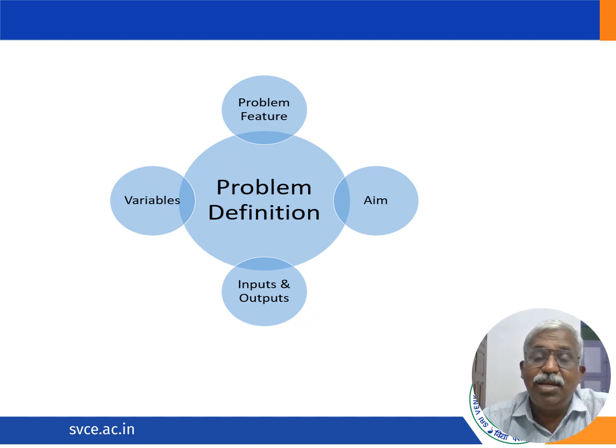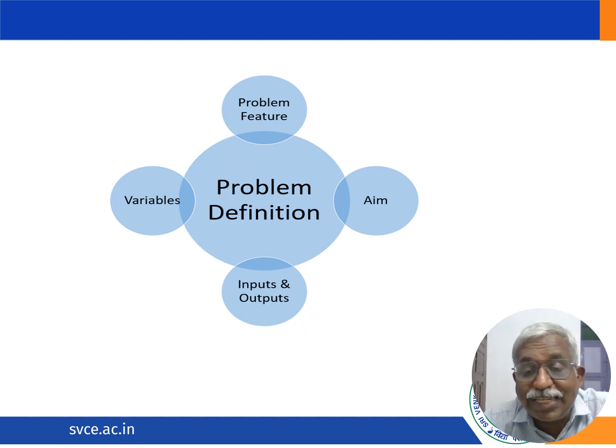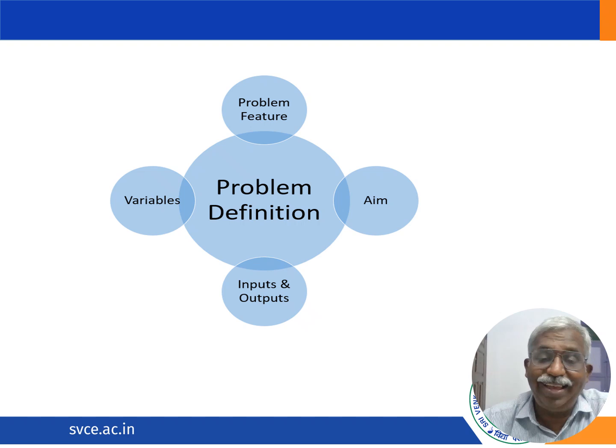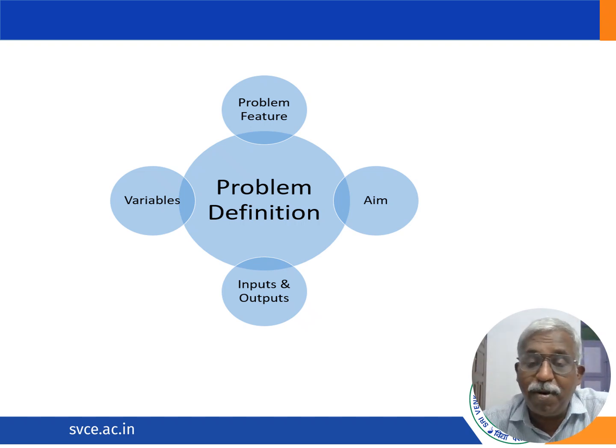How can I get it? One boy is giving rice, another boy is giving sambar, another boy is giving a side dish. Based on the sharing, they are enjoying the afternoon lunch. So the problem definition gives a suitable solution. Understanding the problem is important for solving the problem statement.